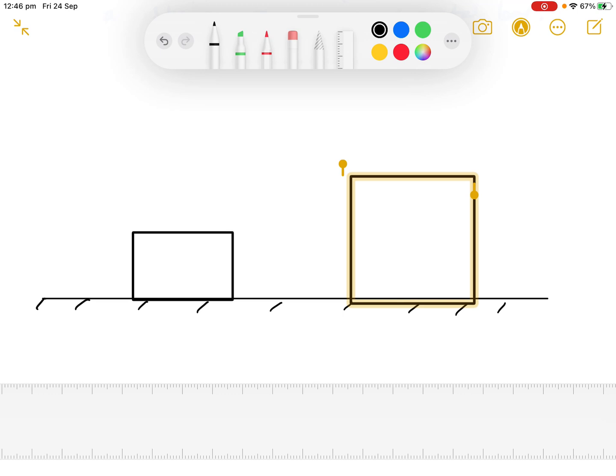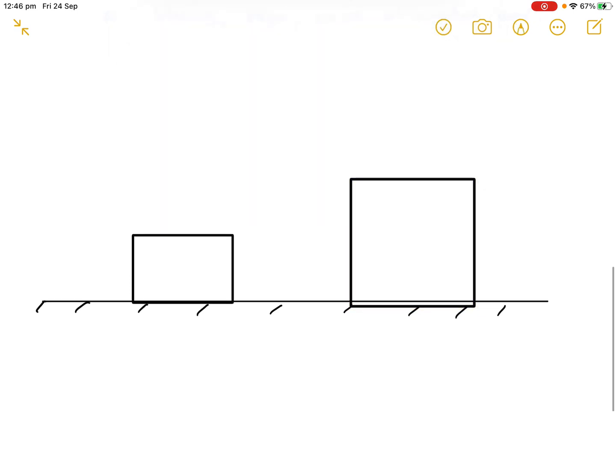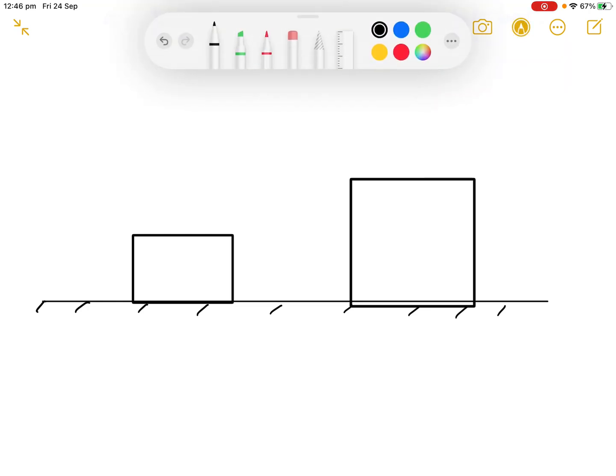Not to worry. They're both sitting on the bench anyway. And they will be linked by some sort of rope which couples them together.